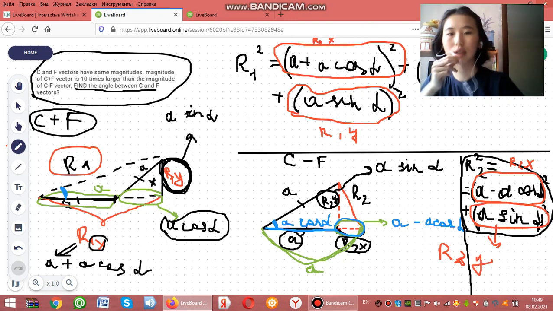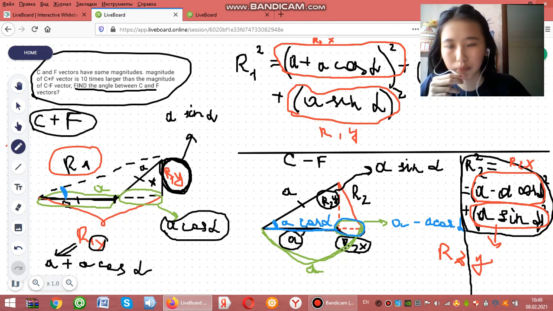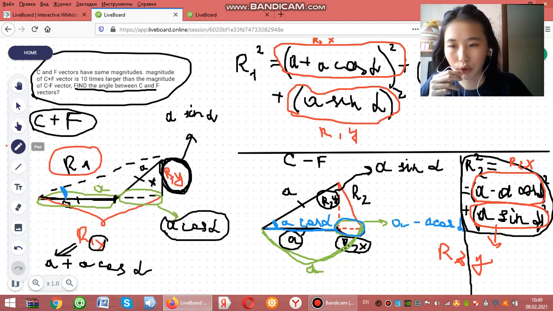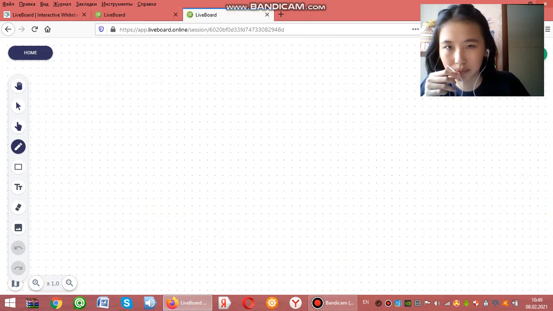We already found the two main equations, but we should not forget about this part. The magnitude of C plus F vector is 10 times larger than the magnitude of C minus F vector. What does it mean?